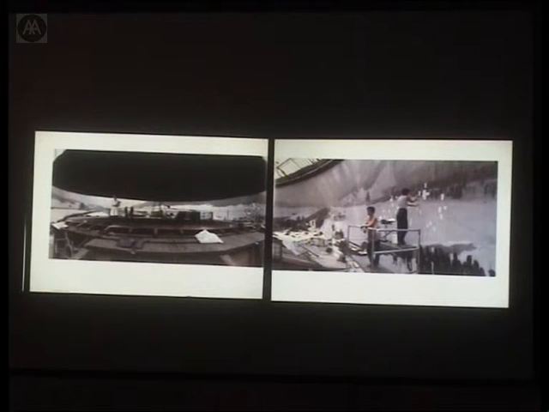In the late 1980s, I went to Arezzo in Italy for the first time to see one of the greatest cycles of painting in the history of the medium, made by Piero della Francesca in the church of San Francesco in Arezzo.